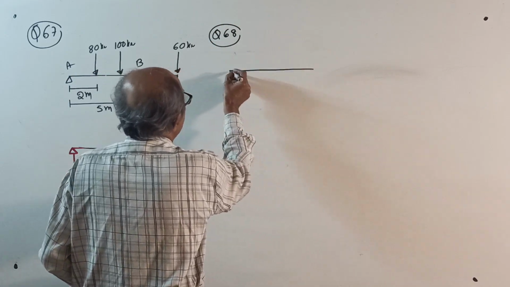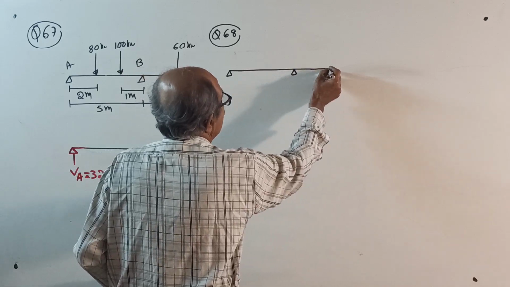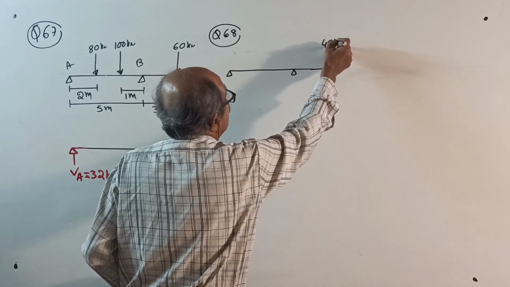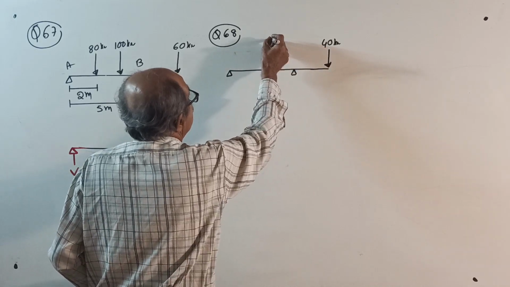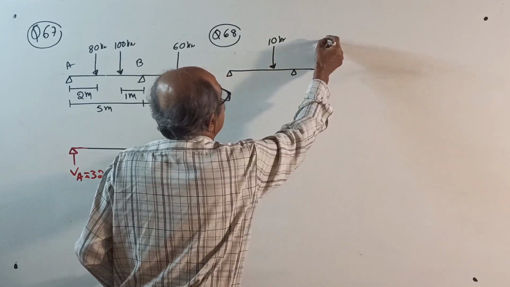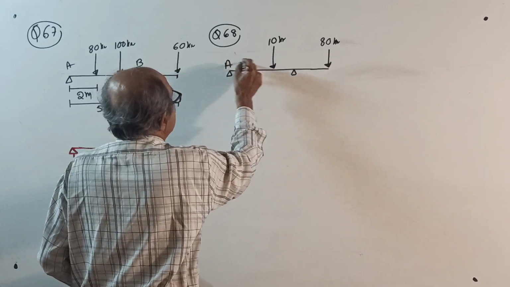I will still maintain the right side overhang. Something will happen now, see. 40 kilonewton, 10 kilonewton. Not 40, it's a higher value. 80 kilonewton for some reason. AB.